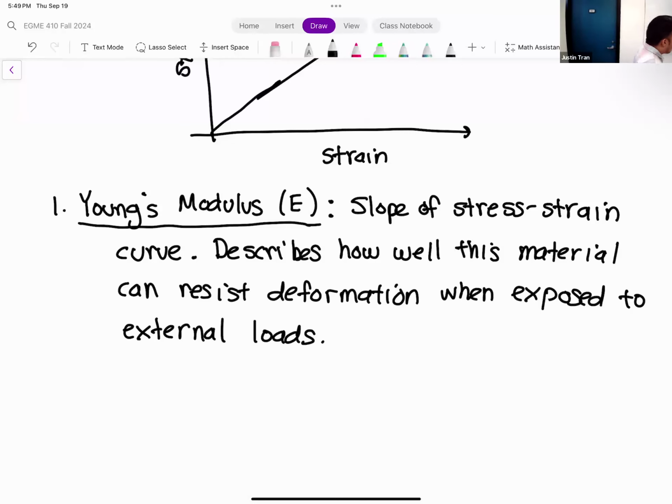And of course, higher values of the Young's modulus mean that this material can better resist deformations, right? And so materials that we associate with higher Young's moduli are the stronger materials, right? Materials that require a lot more force before they start to bend and deform.